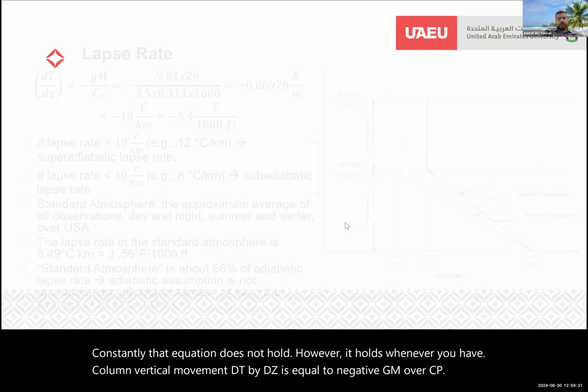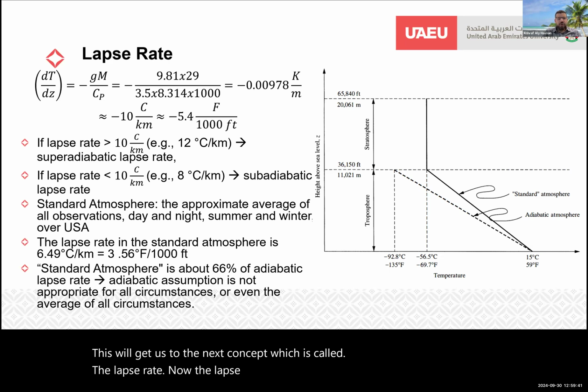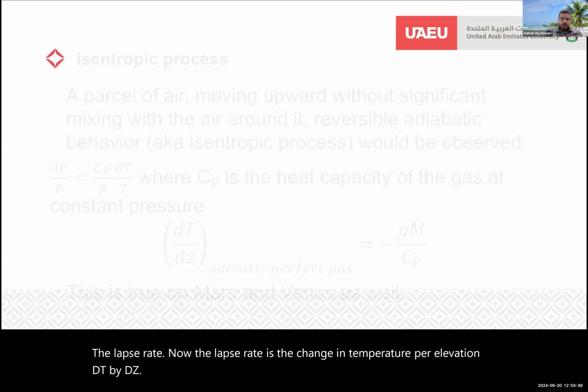This will get us to the next concept, which is called the lapse rate. The lapse rate is the change in temperature per elevation, dT by dz. Remember the equation over here?